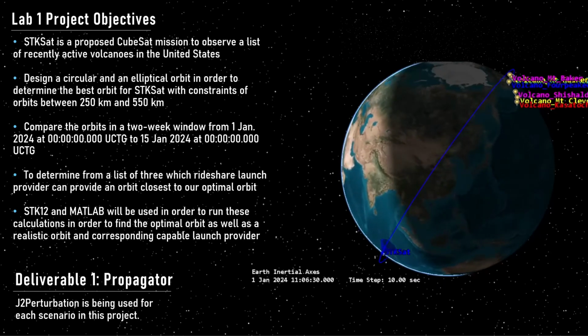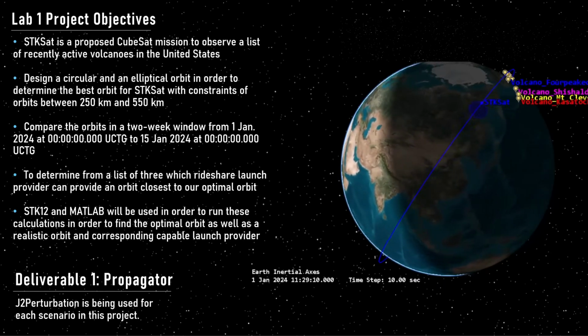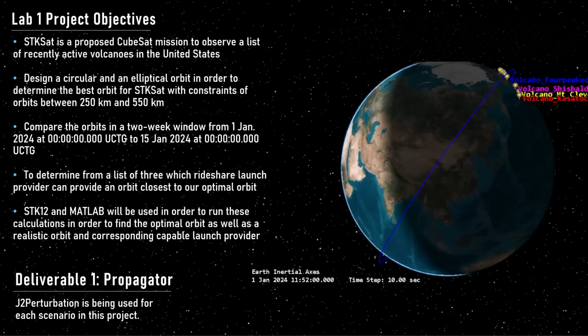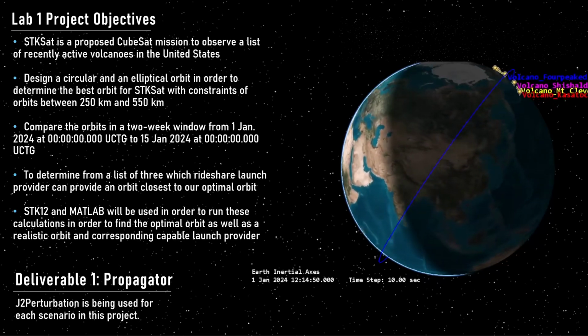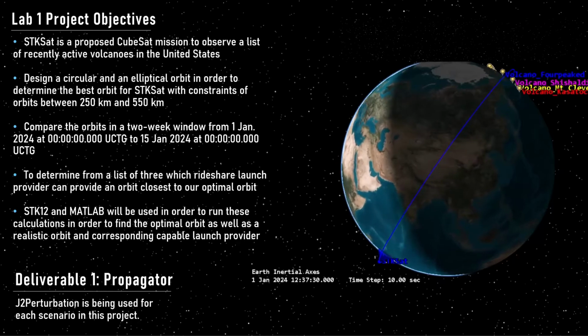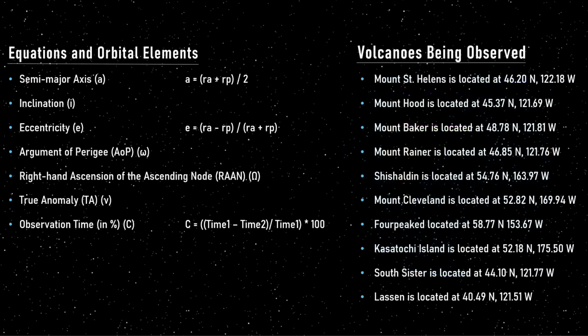For our first piece of data, deliverable 1, we will be conducting each calculation using the J2 perturbation propagator. Here's a list of the 6 orbital elements, of which we will be using 4.